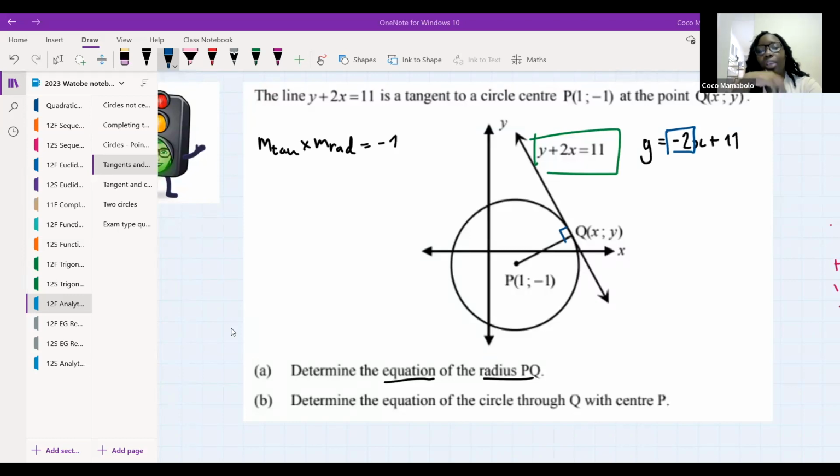All right, good. So everybody's figured out that the m rad, or the gradient of my radius, is 1/2. But your job is not done, guys. You still need to find me the equation of the line, or the equation of the radius.